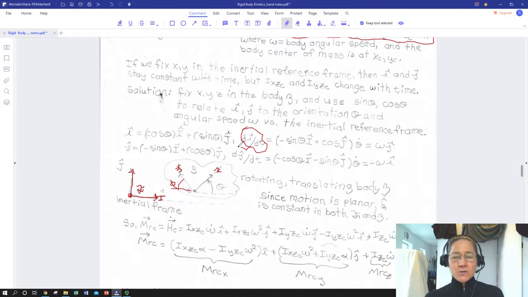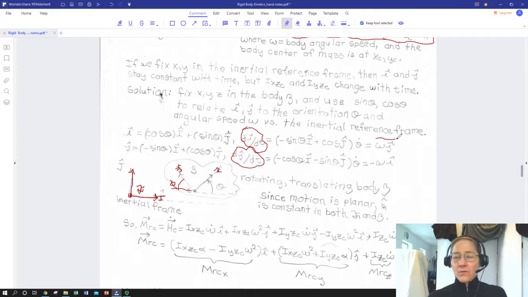And so what we end up getting is this expression. If you relate it to what we saw when we were deriving the relationships between the time rate of change of r hat and theta hat for cylindrical coordinates, we find that the time rate of change of little i hat is just the angular velocity times j hat, and the time rate of change of little j hat is the angular velocity of the body with respect to the inertial reference frame times little i hat.